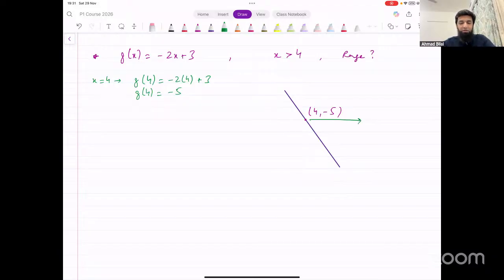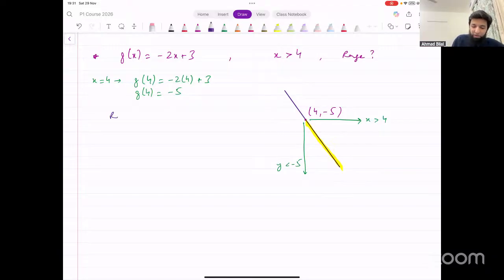So vertically on the y-axis, this is x greater than 4, right? Vertically on the y-axis, which side of the function is valid? To the right side, we've got this part of the function. Are the y values going down or up? The y values are going down here. So the corresponding y values that we get for this, they are going to be less than -5.